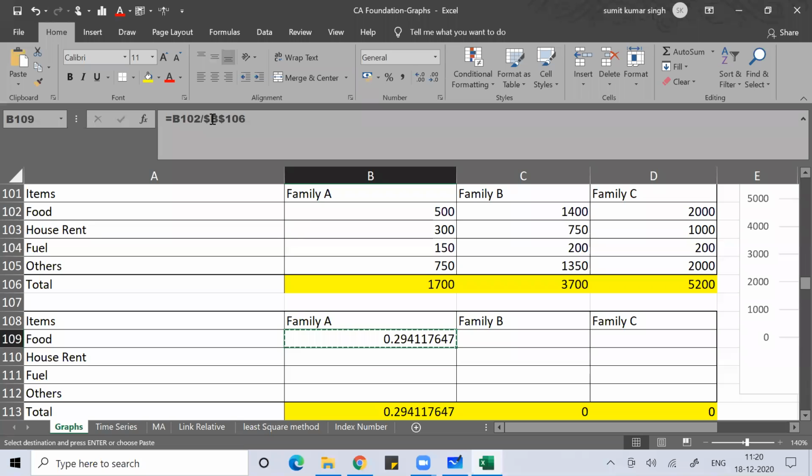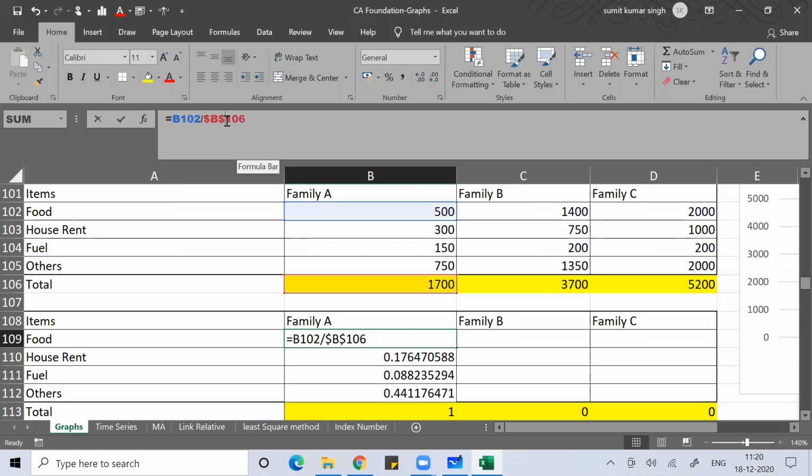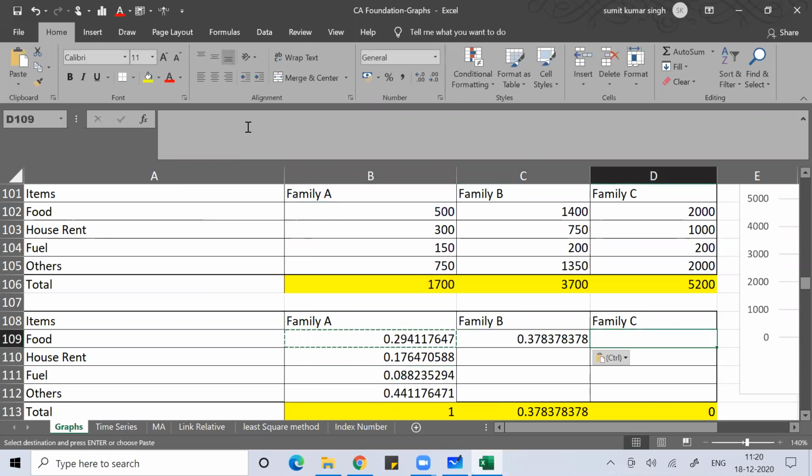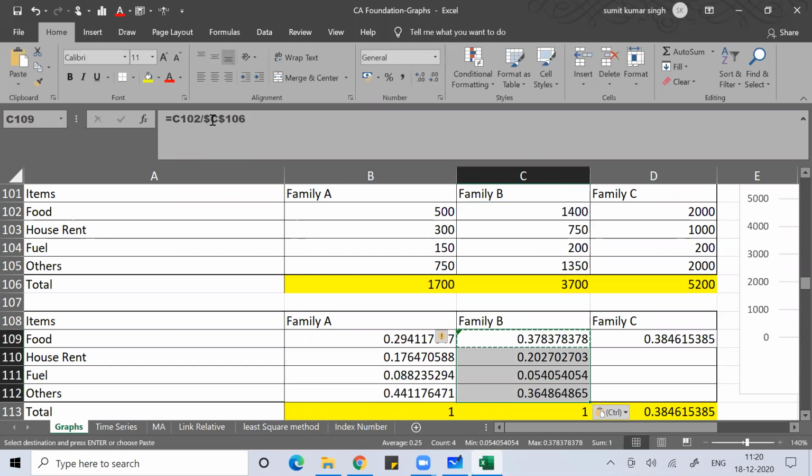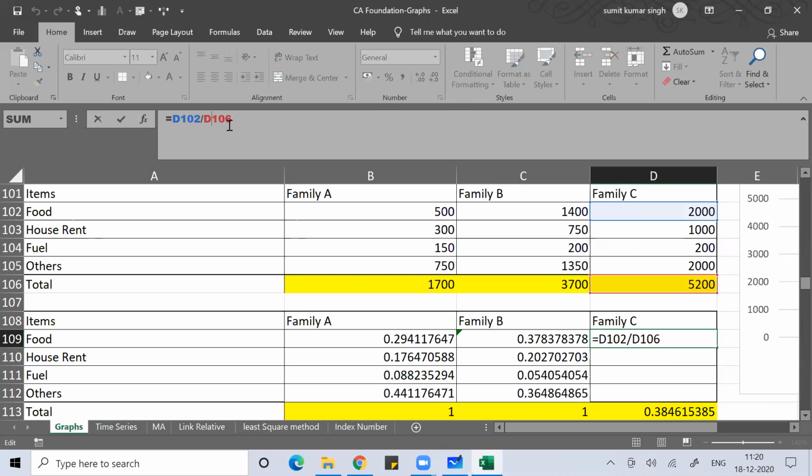Fine. So the same value I can get in percentage.